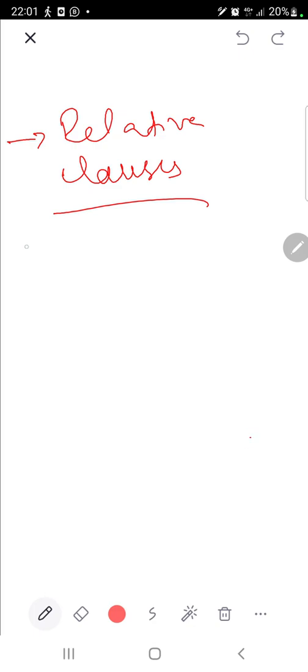Okay. So moving on to the relative clause, we use relative clauses specifically in the introduction.